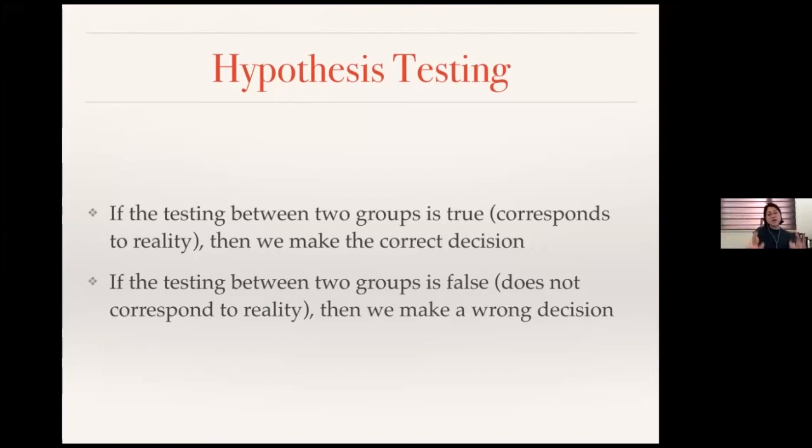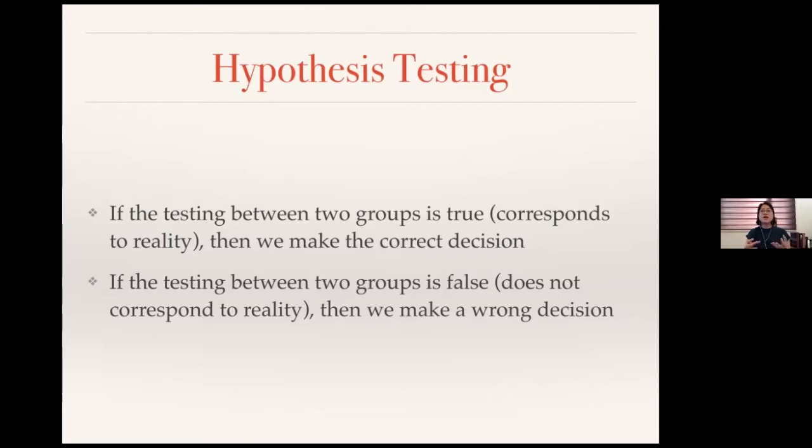Then you make the correct decision of either rejecting or not rejecting the null hypothesis. Diba? You make the correct decision if your test was right. But if our test is not true, if it's false, a mistake, then what is the implication? We make the wrong decision.